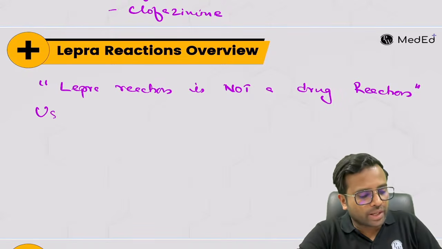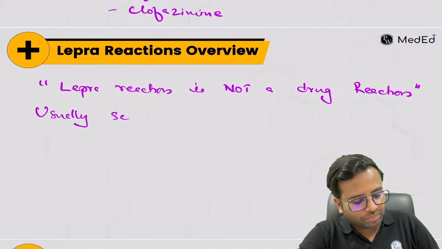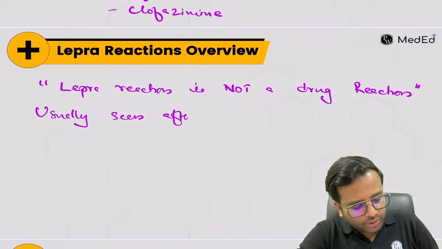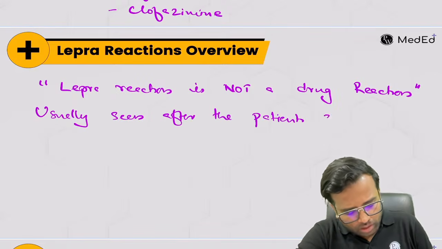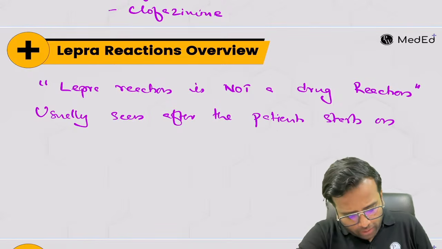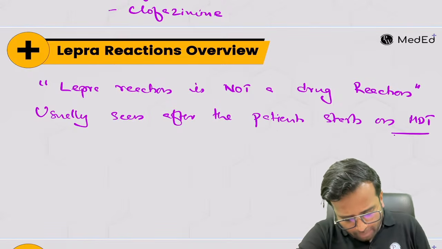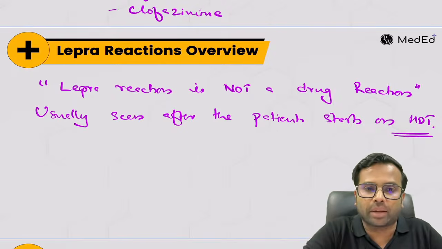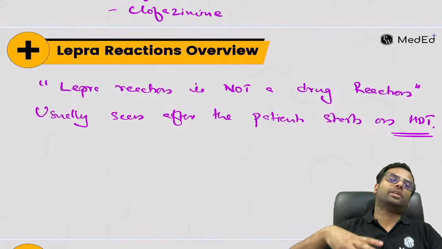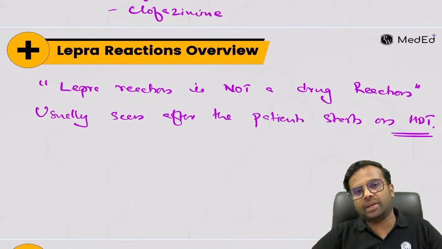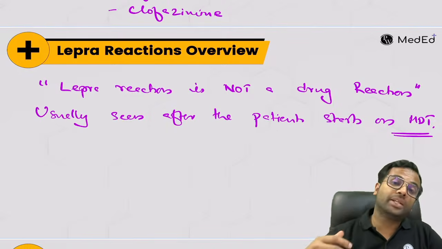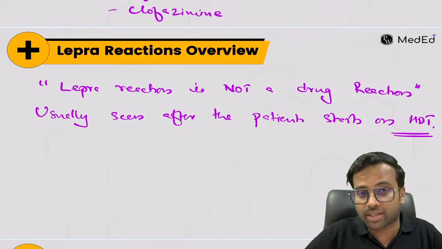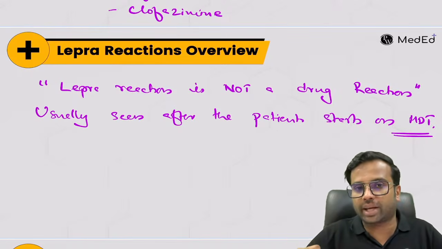Okay, it is not a drug reaction. And this is usually seen after the patient starts on MDT, that is multi-drug therapy. Once a patient starts on multi-drug therapy like dapsone, rifampicin, and clofazimine, then the patient may show you some kind of reaction, which is called lepra reaction.